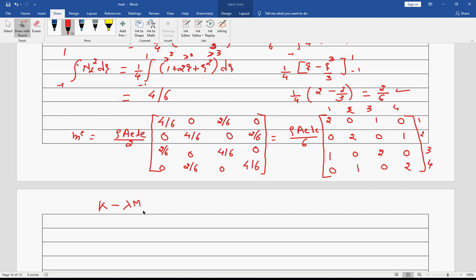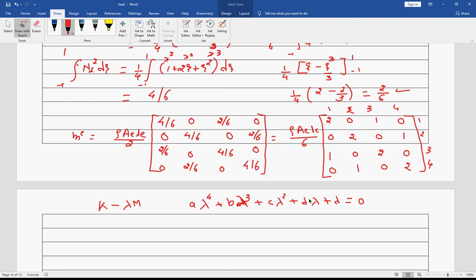Okay, and then this mass matrix for two elements will be 8 by 8, and you eliminate some, but still it will become a 4 by 4. And if it is a 4 by 4, then the lambda equation is going to be lambda raised to power 4. This is what is going to be the order: a lambda to the 4 plus b lambda cube plus c lambda square plus lambda and plus d equal to 0.